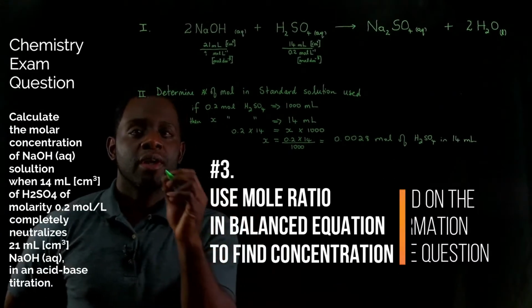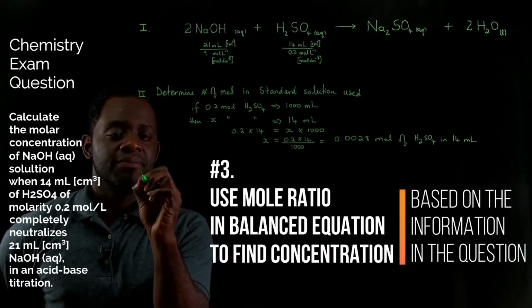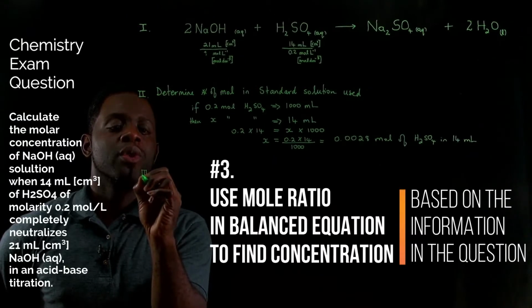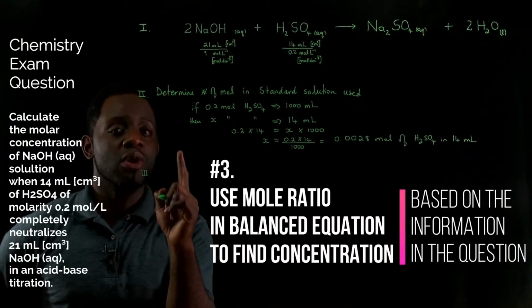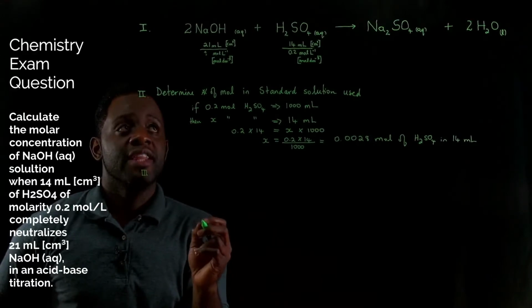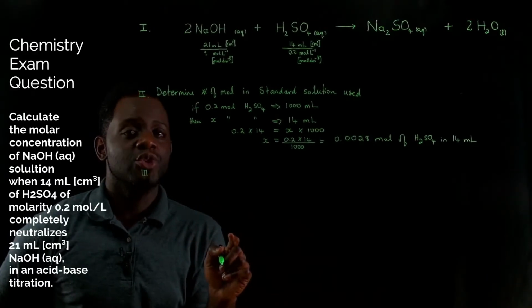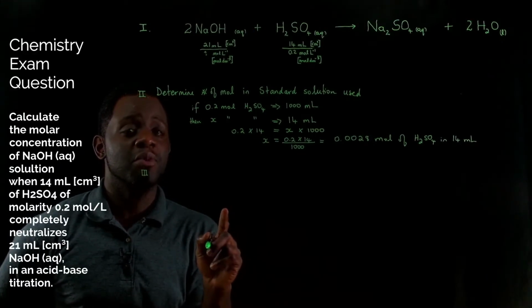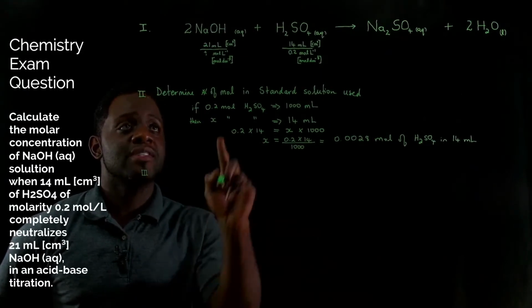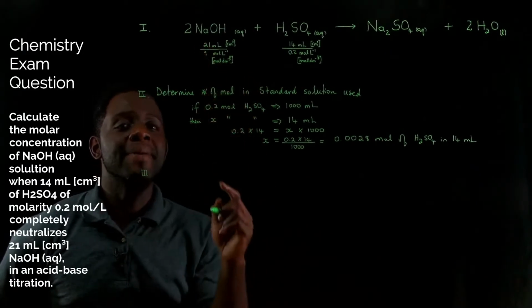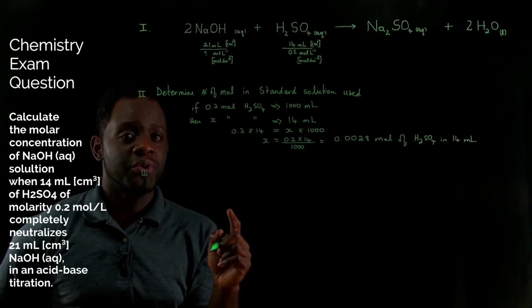In our third step, we will use the mole ratio given in the balanced chemical equation to determine the number of moles of sodium hydroxide in the 21 milliliters that were used.